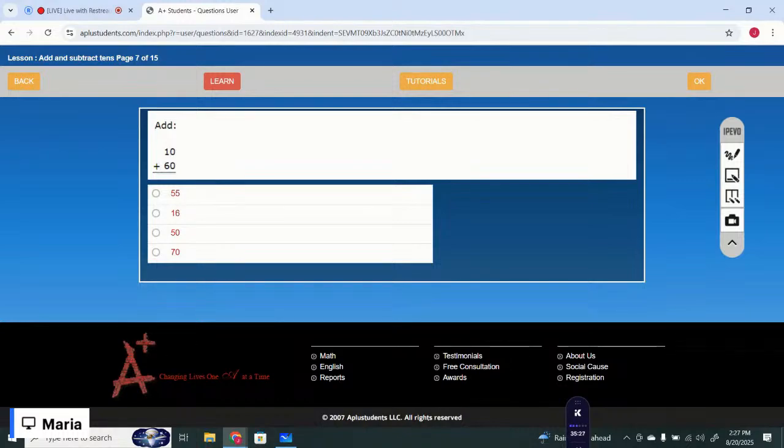Ten plus 60 is that is 70. Option number 4 is the correct option.